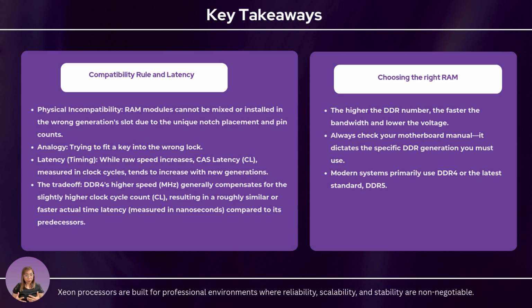So, to summarize, the progression from DDR to DDR4 is a clear story of higher speed and lower voltage. However, your choice is entirely dictated by your motherboard and CPU. Always consult your motherboard manual to ensure you buy the correct generation.